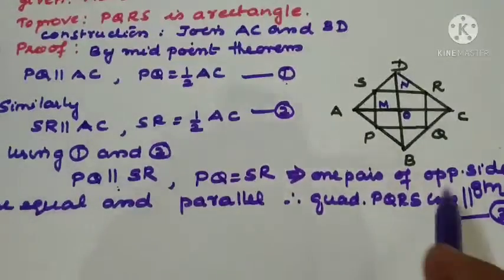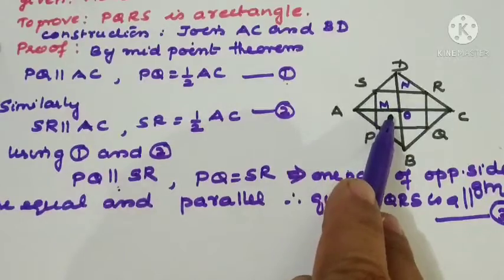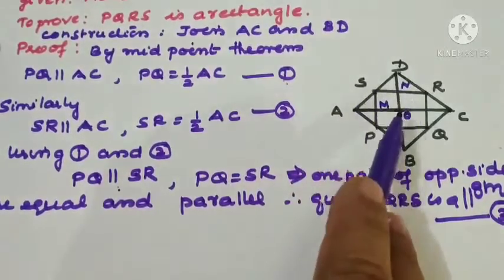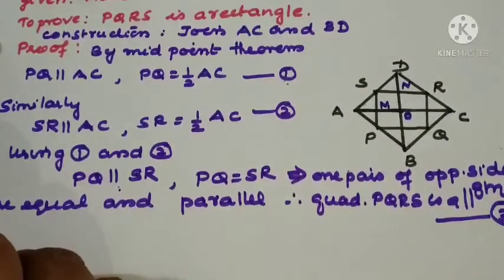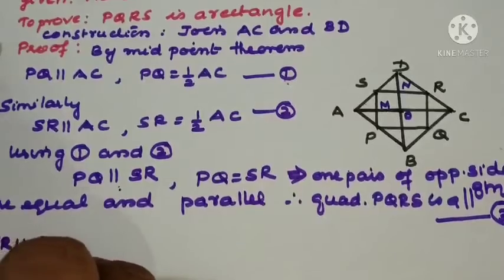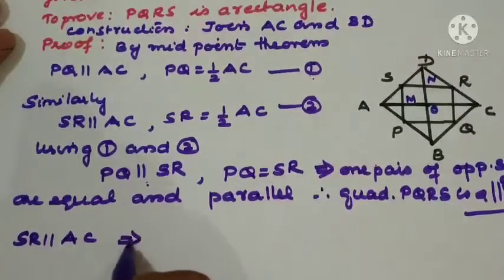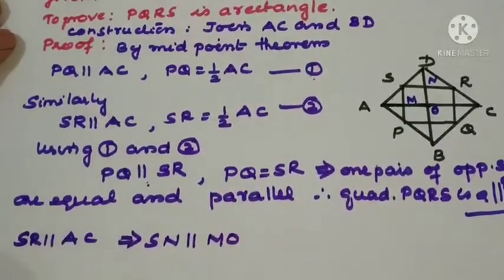Now what we are saying is that PQ parallel to AC, SR parallel to AC only. If SR is parallel to AC, then we can write SN parallel to MO. SR parallel to AC implies SN parallel to MO.